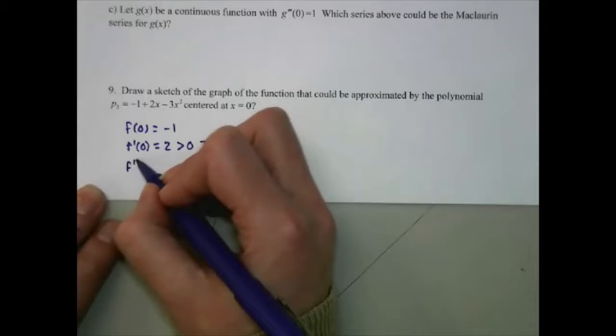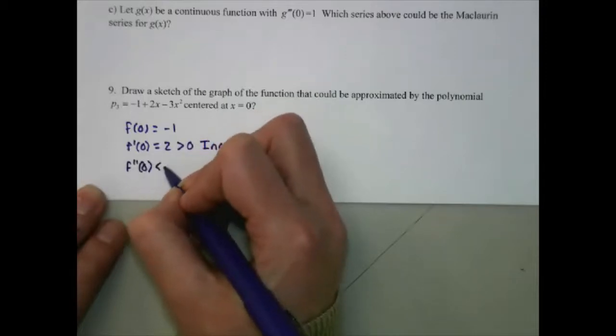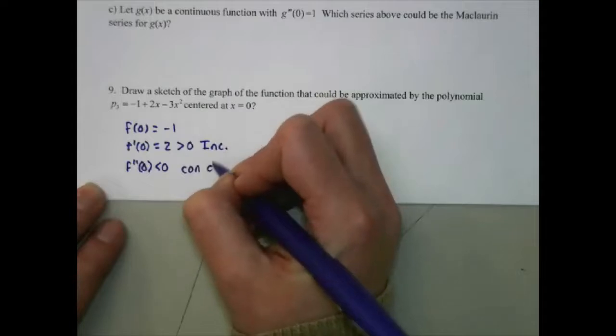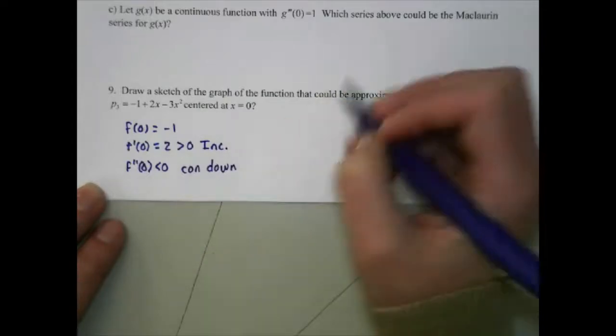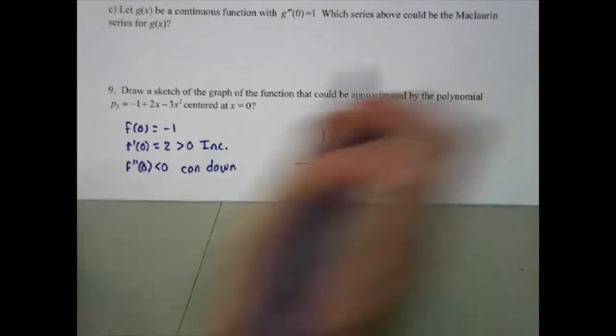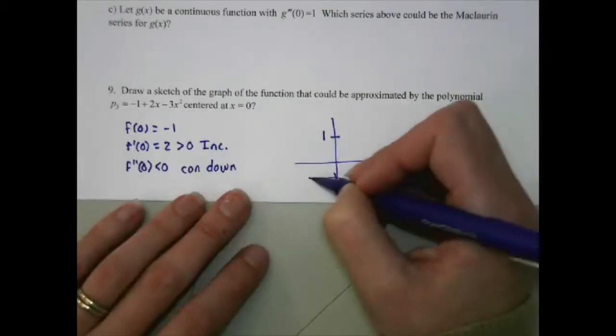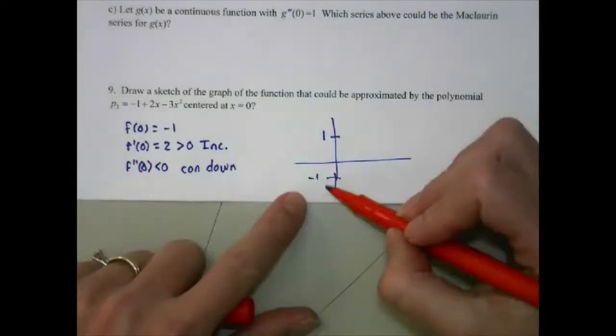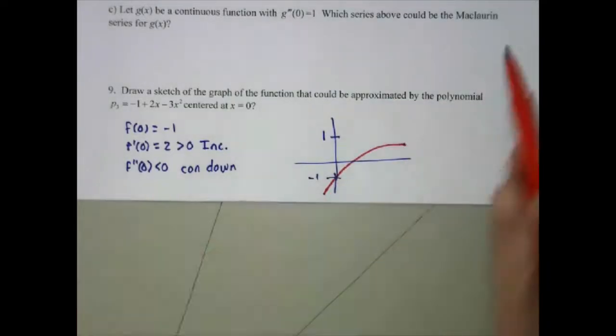And then the second derivative is going to be less than 0, so it's negative, so it's going to be concave down. So I'm going to draw a graph that goes through -1, that is increasing, but concave down.